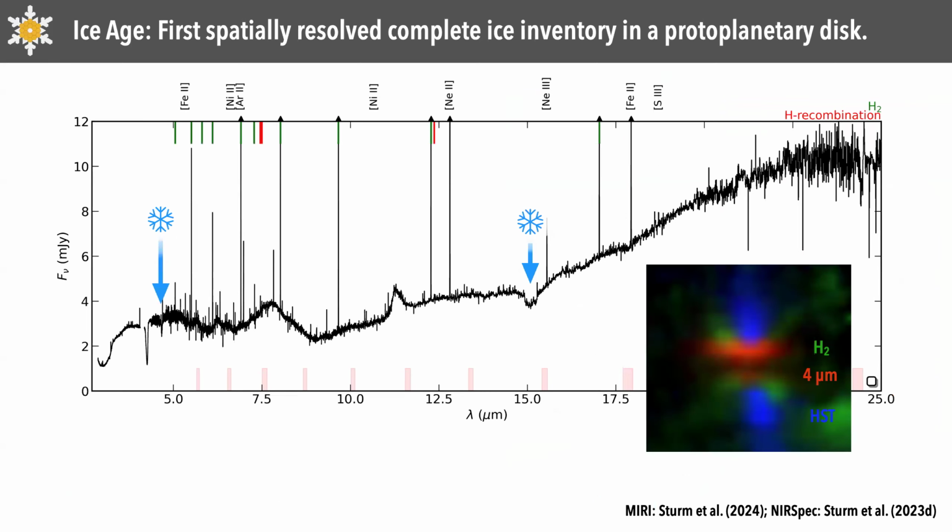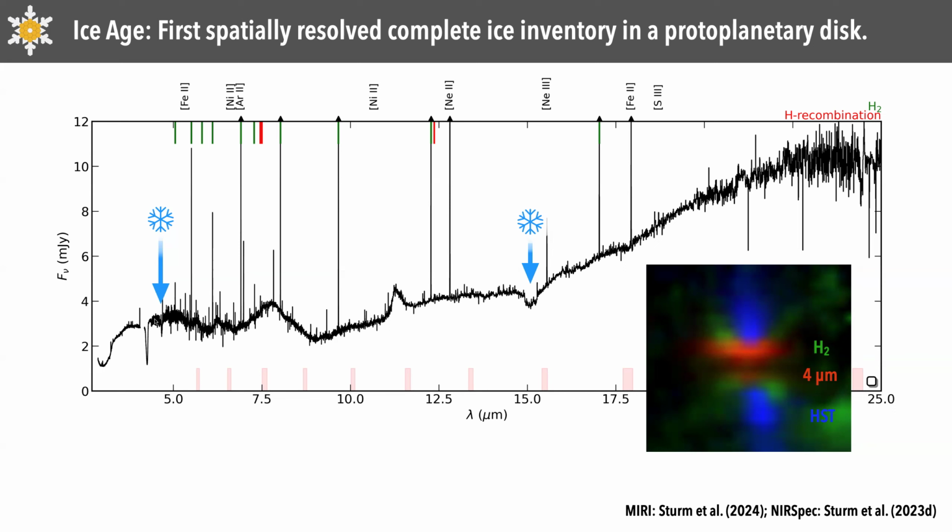So going back to the Ice Age program, we did have this disk in our program, and the reason that it's important that this disk is an edge-on disk is that when it's edge-on, we can actually see some of the ice features in absorption, like these features, against the continuum in the mid-infrared.